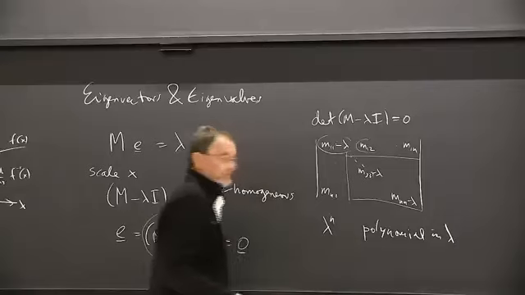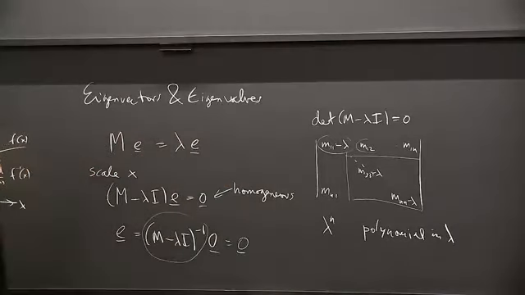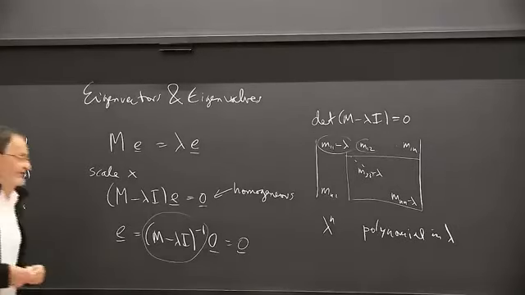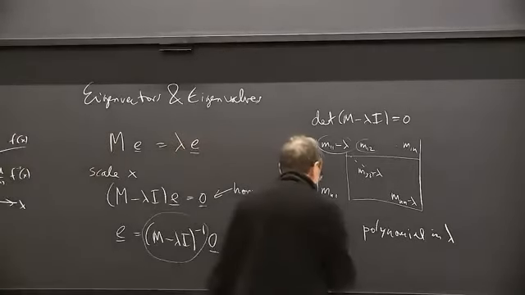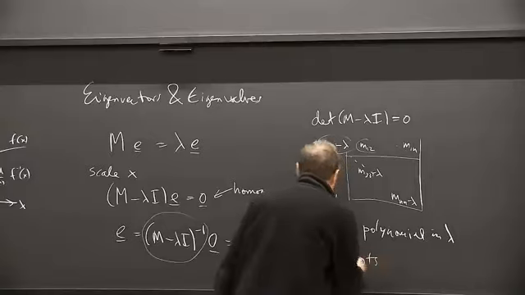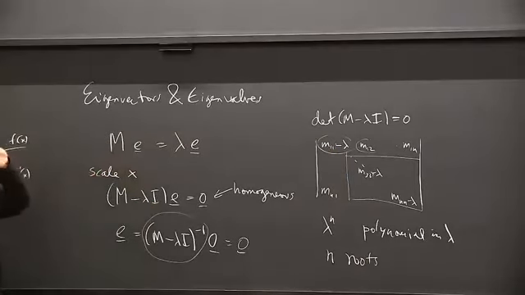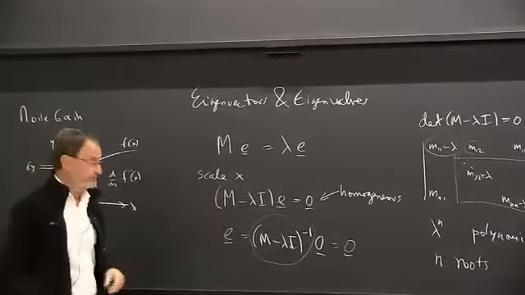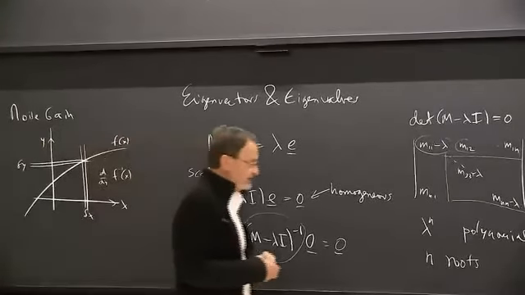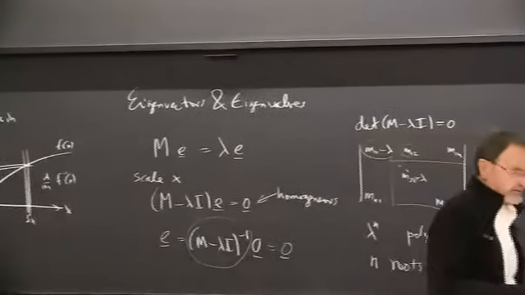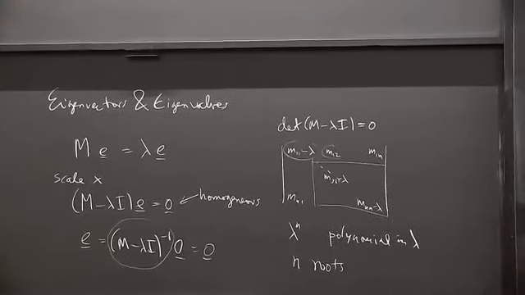And it's an nth order polynomial in lambda. And polynomials of nth order have how many roots? N. Good. So we're going to have n roots. And so that means that not only is there a solution to this, but there are going to be n solutions. And those are the things that we'll be looking for.